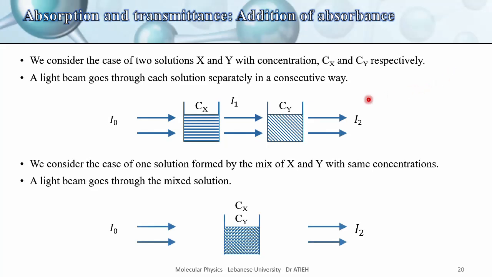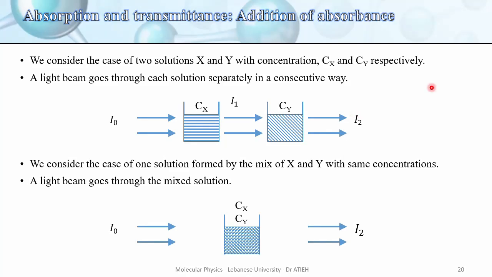A light beam with incident intensity I0 crosses the first solution X, which contains substance X with concentration Cx, and then I1 is the transmitted light from the first solution, which is going to be incident on the other solution Y, which contains substance Y with concentration Cy. I2 is the transmitted light from the second solution.